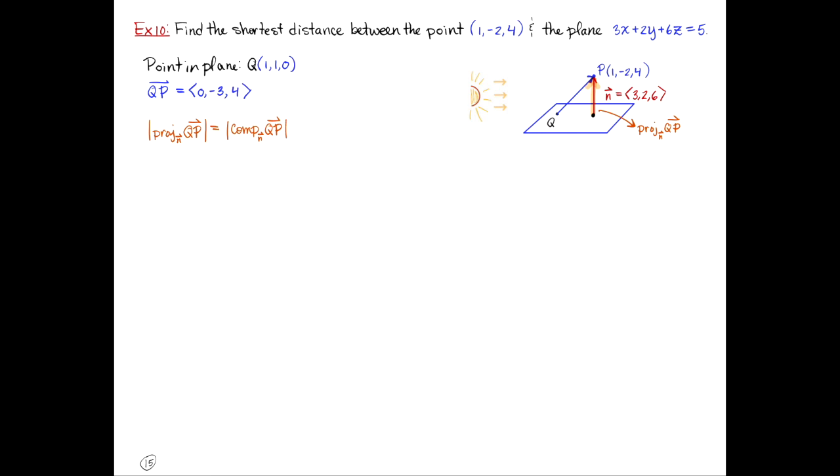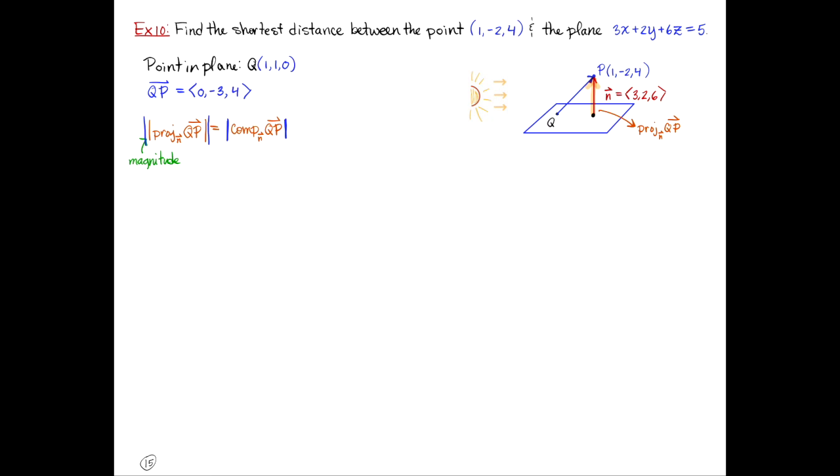Okay, just make a little side note here that the first set of absolute values, we're talking about the magnitude of the projection, which is the component, and then we want the absolute value of that. So maybe I'll put another set of absolute values out here. So it should follow a little bit easier now.